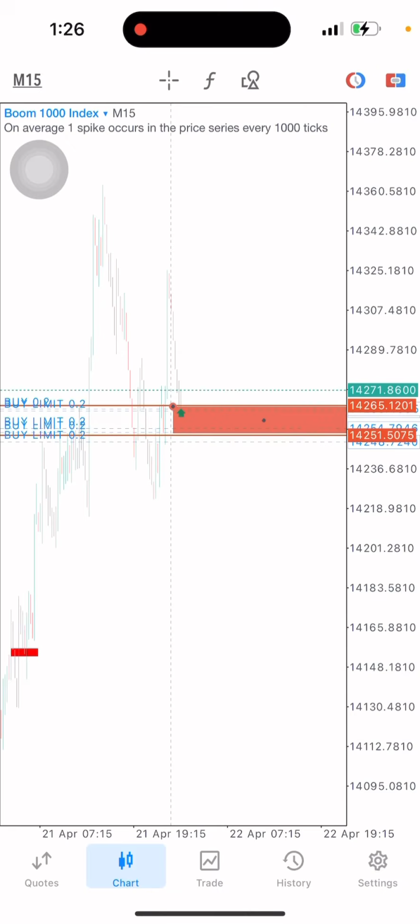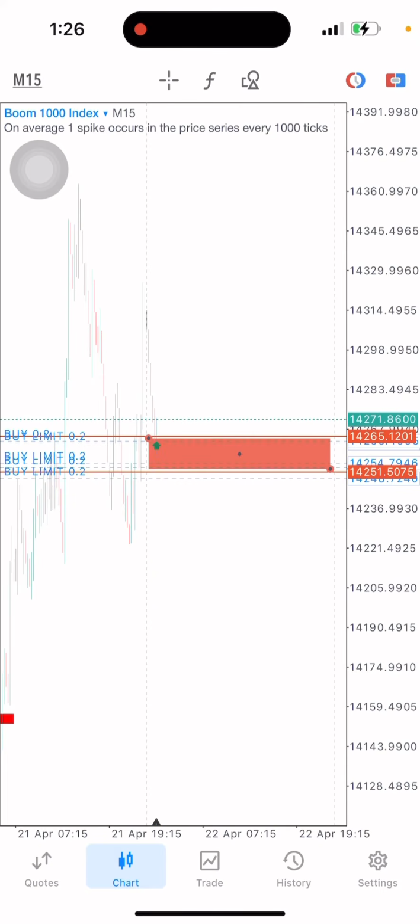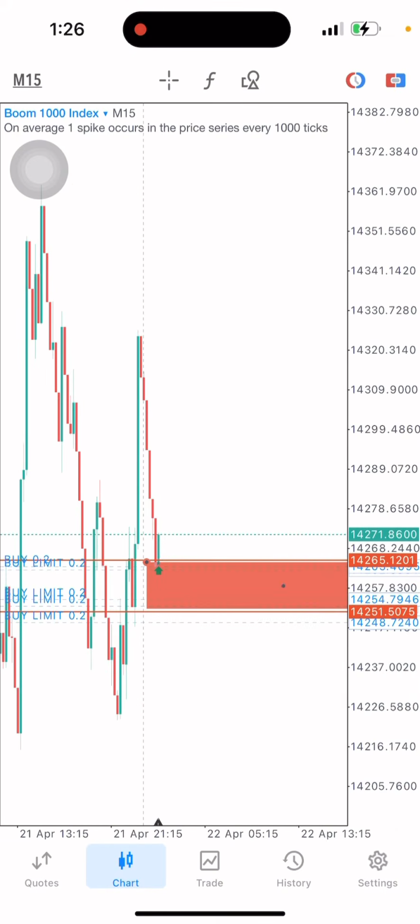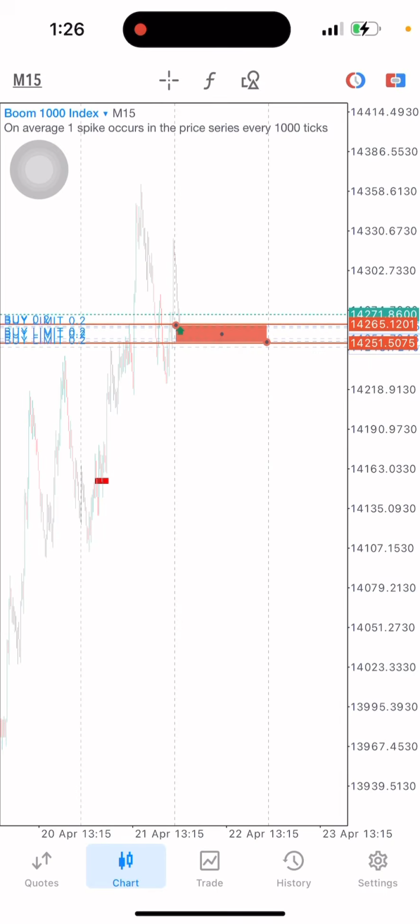Now let's look at how you're going to trade with a pivot point strategy. Pivot point is used to determine the potential turning point in price movement. So that's what we're looking at.